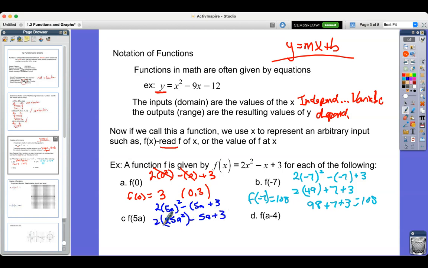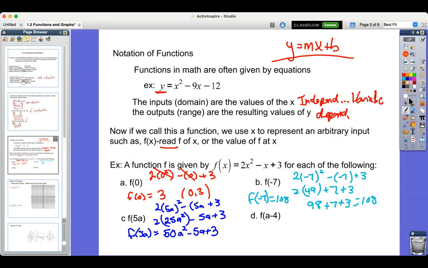Now, here's the thing. This will change, so we'll end up getting 50a squared, but that's it. So it'll be 50a squared minus 5a plus 3. You can't do anything else. So f of 5a equals this. So you'll get some answers where it'll give you just an expression out of it. That's fine. That's a perfectly acceptable answer.